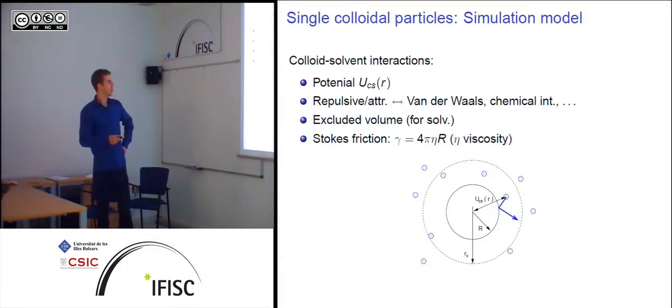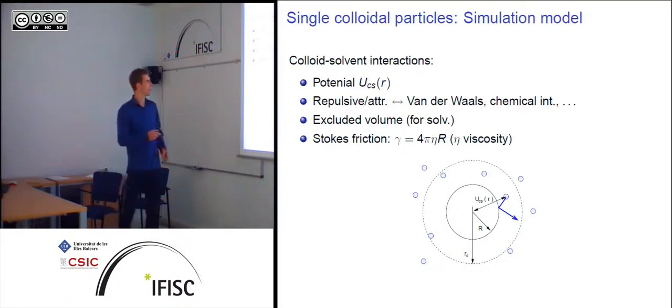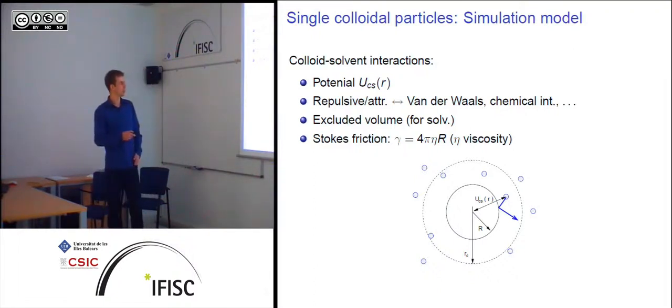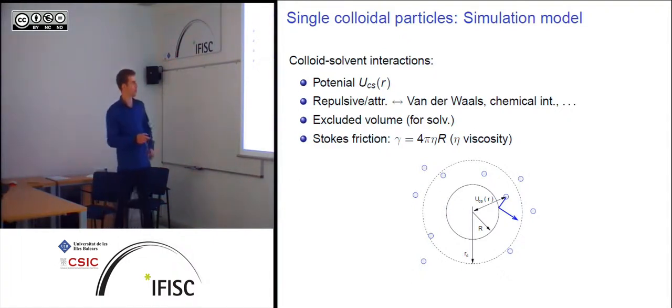And because we have a conservative potential, the reflection here at the surface is specular, and in this case the Stokes friction coefficient, which is also a well-known result, is 4 pi times the viscosity times the radius of the particle.